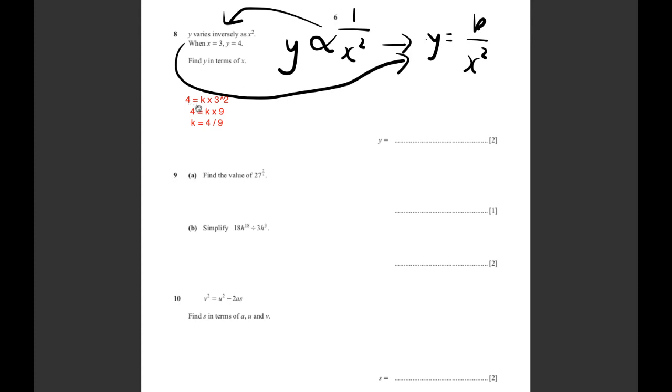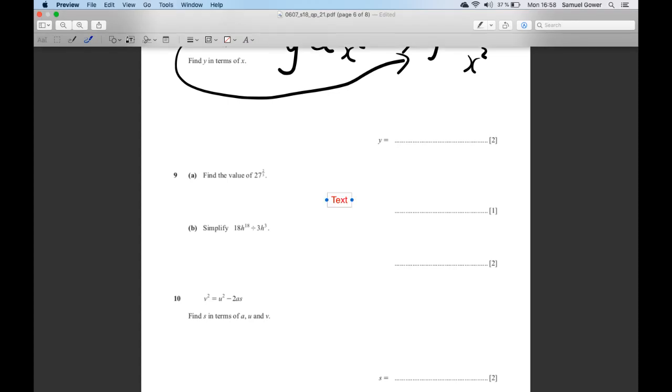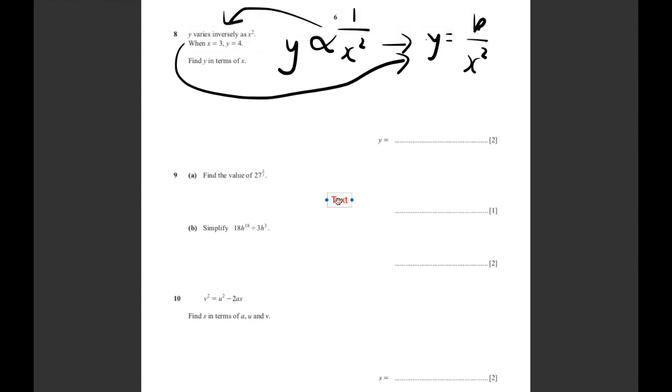And then we do the same procedure of substituting into our formula. So let me drag this over, like so. So we get a very similar equation to what we looked at. 4 equals k divided by x squared. Well, 3 times 3 is 9, so you can see very similar procedure. But now we times by 9 on both sides, giving us k equals 36.